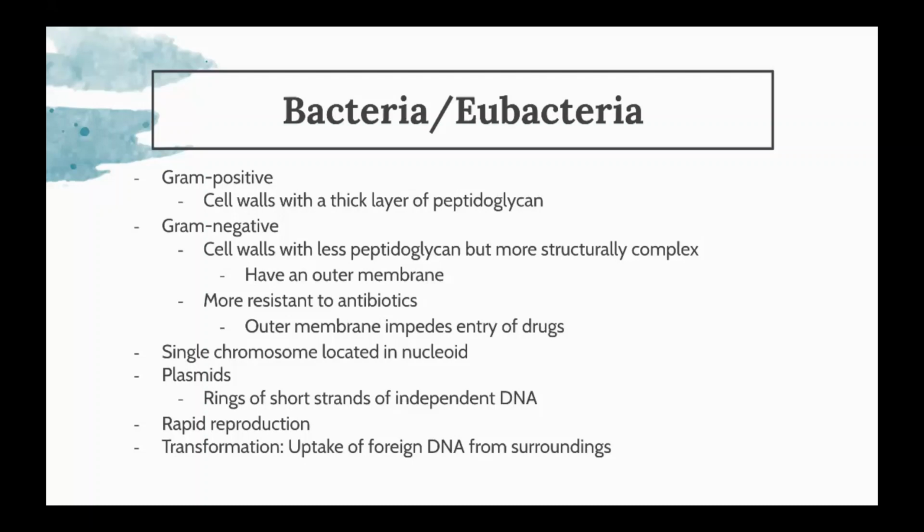That's why, for example, we annually have to change the flu shot, because bacteria are mutating and evolving so rapidly that you constantly have to find new antibiotics or new vaccines. Another way that bacteria get new DNA is they can take DNA from their surroundings. This is called transformation.